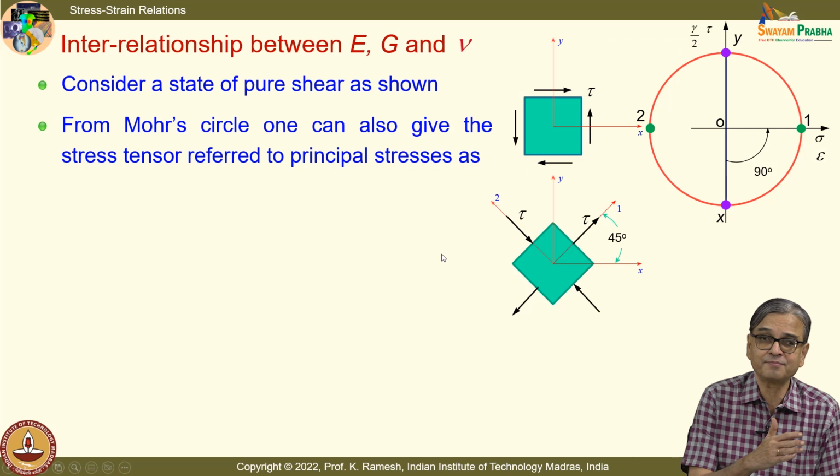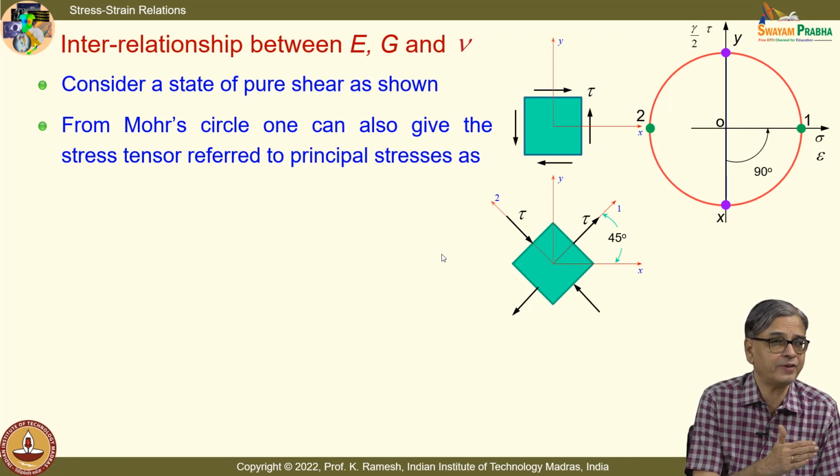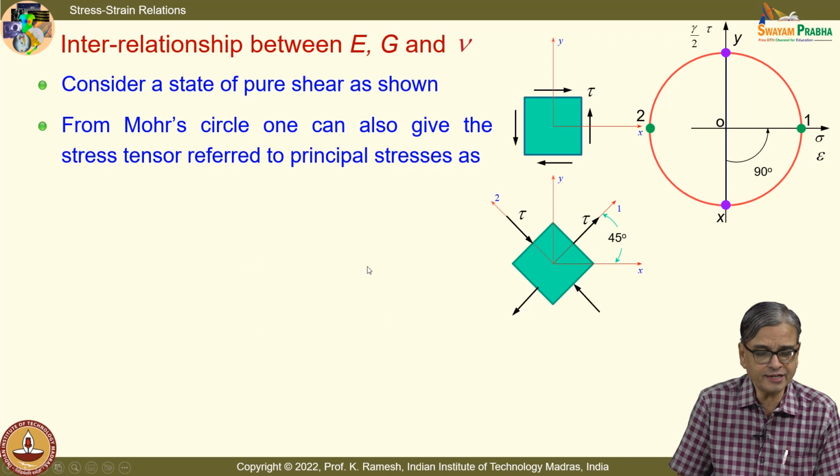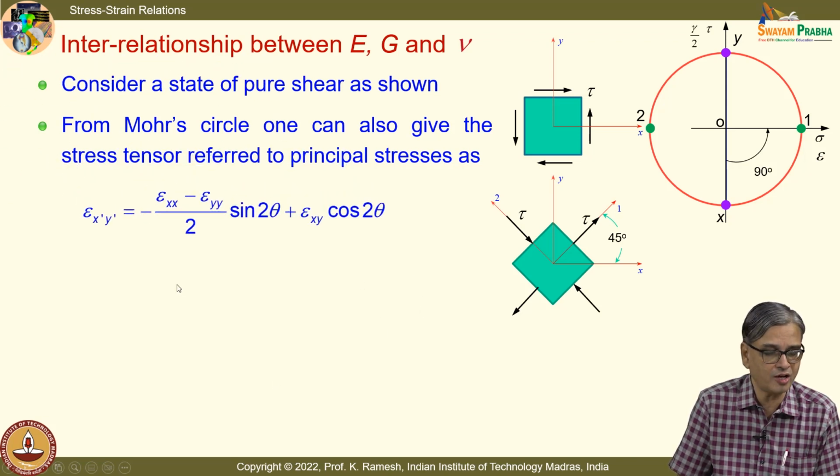The idea is to interrelate what is the relationship between Young's modulus and shear modulus. Fine. I can also look at the Mohr circle of strain from your transformation law, epsilon x prime y prime equal to minus epsilon xx minus epsilon yy divided by 2 sin 2 theta plus epsilon xy cos 2 theta.